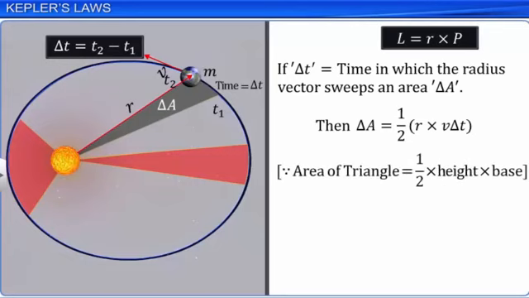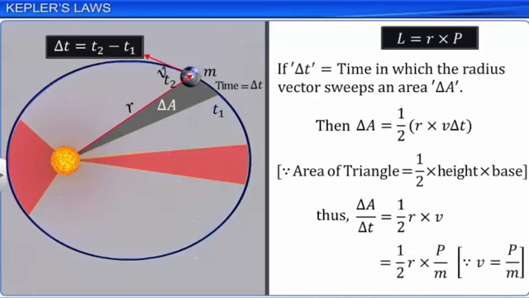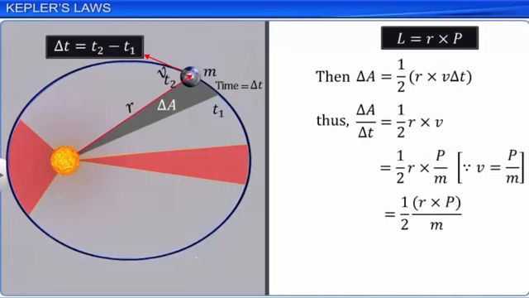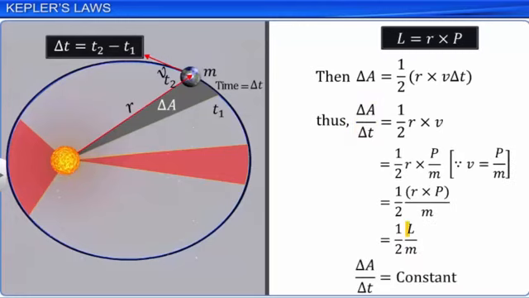On simplification, we get delta A by delta t is equal to half L by m. As L is constant, delta A by delta t is also constant. Hence, for a given time interval, delta t and delta A remain constant, thus proving Kepler's second law.